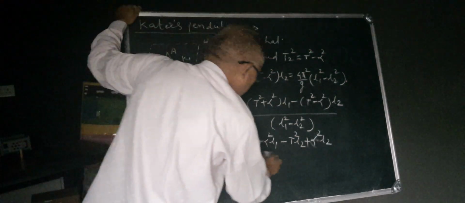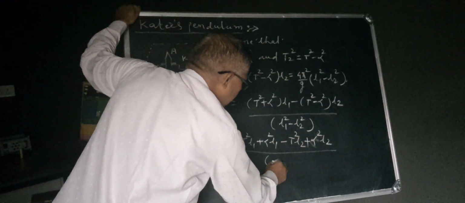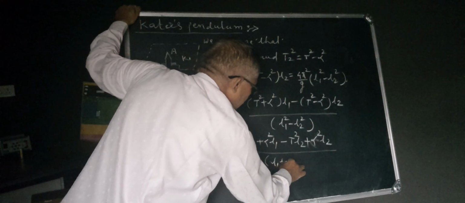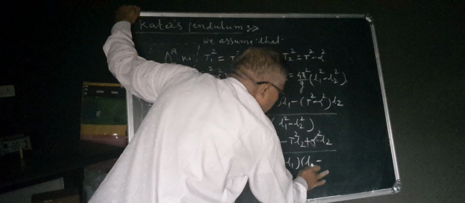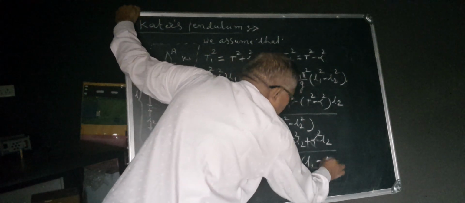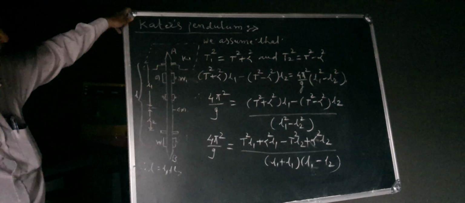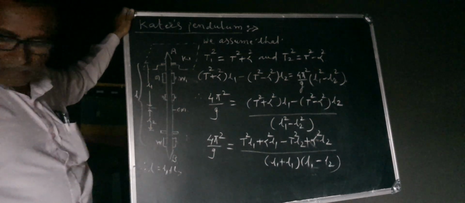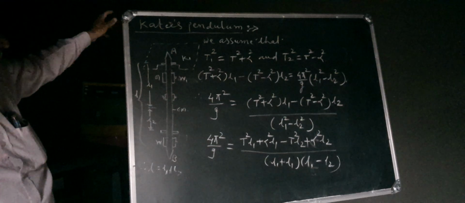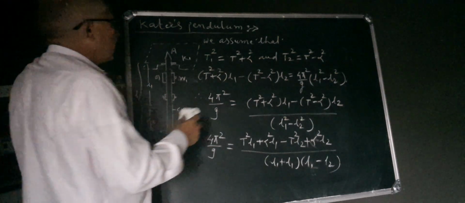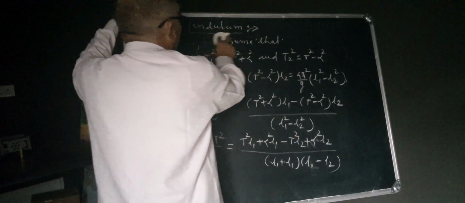Now the denominator can be written as L1 plus L2 in one bracket and L1 minus L2 in the second bracket, since a square minus b square equals a plus b in the first bracket and a minus b in the second bracket.